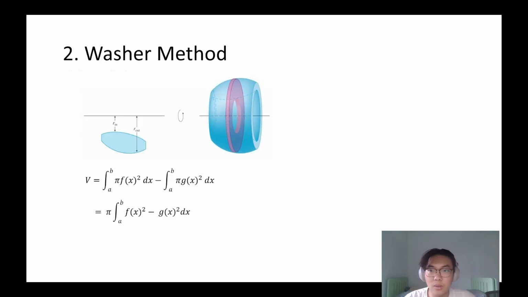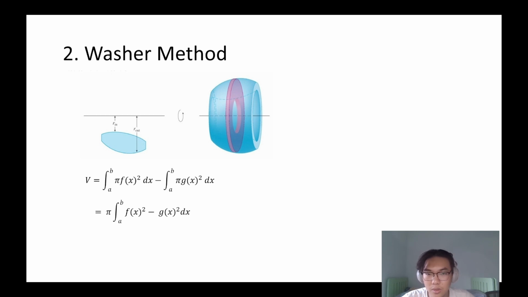And next, for the washer method, I think it's about integrating to form the area of this ring or this circle. If the radius of the ring is along the y-axis, and the axis of rotation is the x-axis, then we can just integrate with respect to x.